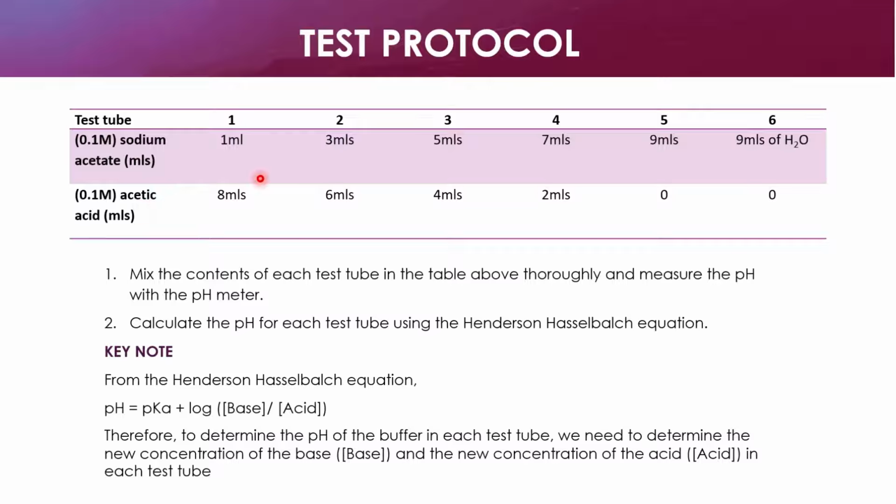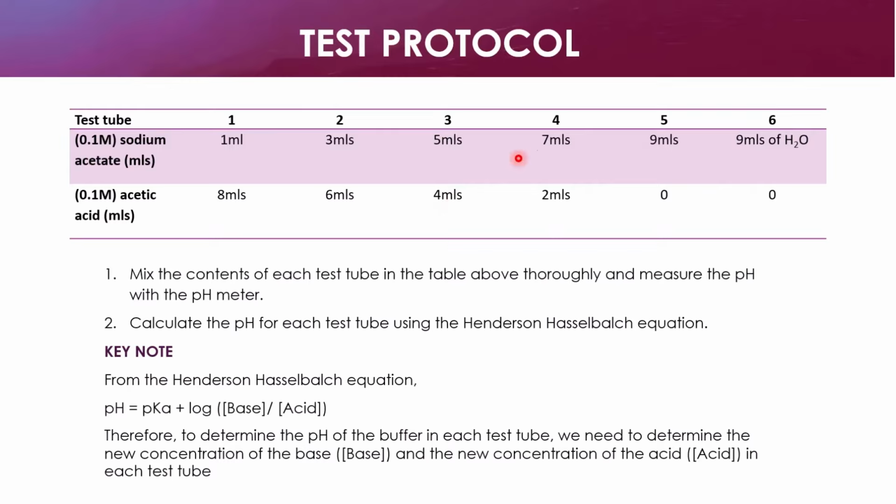For test tube 2, we have 2 ml of 0.1 molar sodium acetate and 6 ml of our 0.1 molar acetic acid. For test tube 3, we have 5 ml of our 0.1 molar sodium acetate and 4 ml of our 0.1 molar acetic acid.